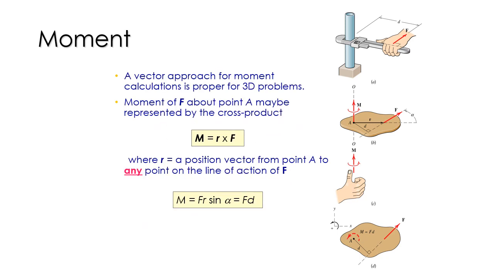Then a vector approach for the moment calculations is proper for 3D problems. So the moment of F about point A may be represented by a cross product. So we have the cross product of r times the force F, and it is equivalent to F R sine of theta.